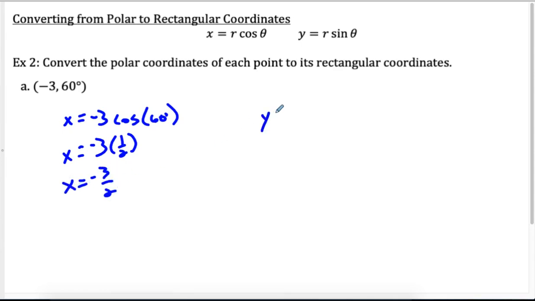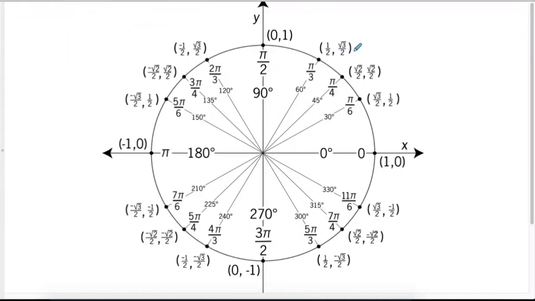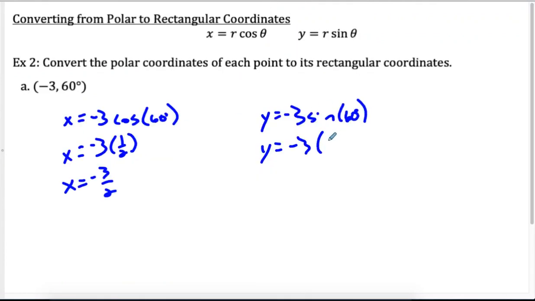And then for y, that is r times the sine of theta. So that'll be -3 times the sine of 60. And the sine of 60, if we go back to our unit circle, sine is the y value, so that'll be square root of 3 over 2. So my y-coordinate would just be -3 times the square root of 3 over 2.